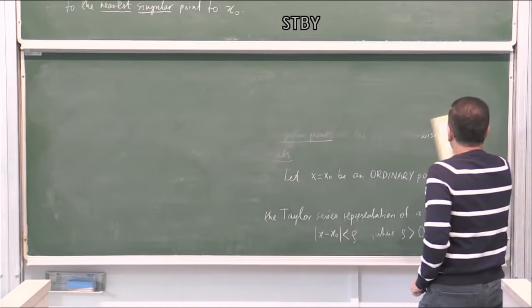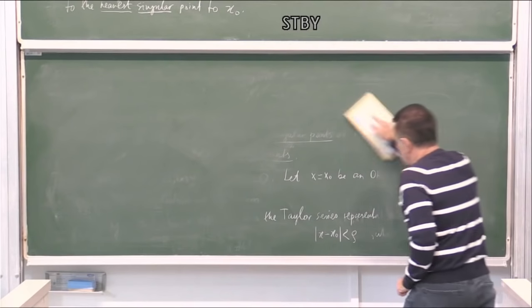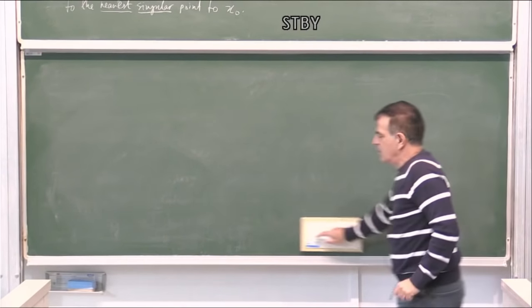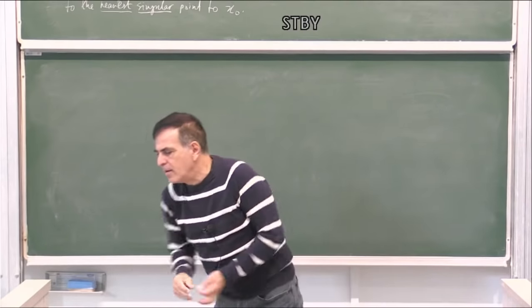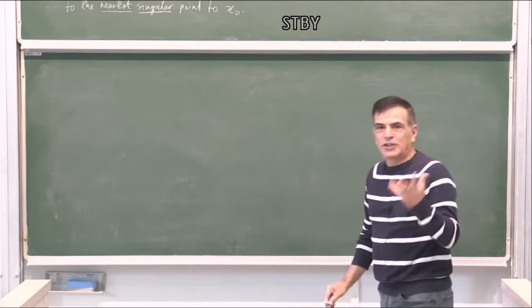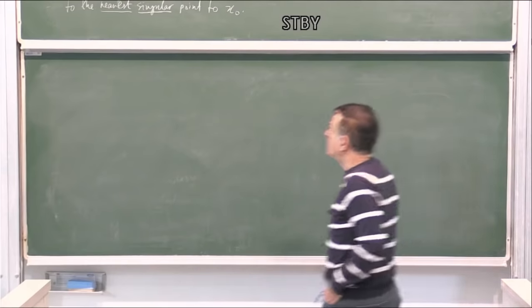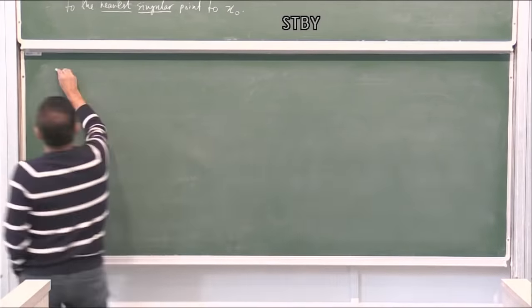So this theorem, although we didn't give a rigorous proof, may be justified using the existence and uniqueness theorem, or the basic theorem for linear differential equations. Let us consider the examples.